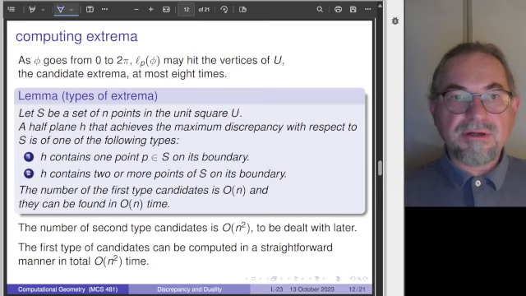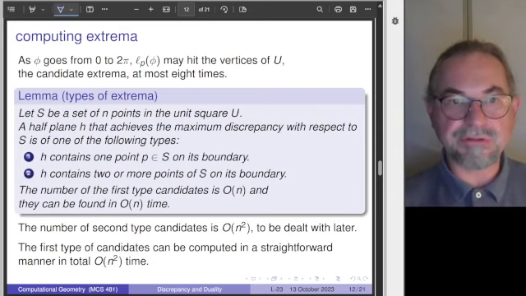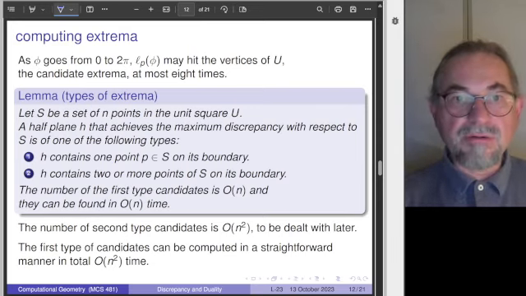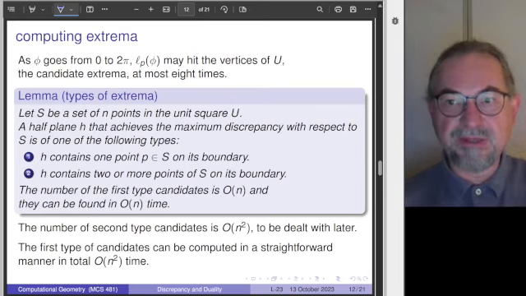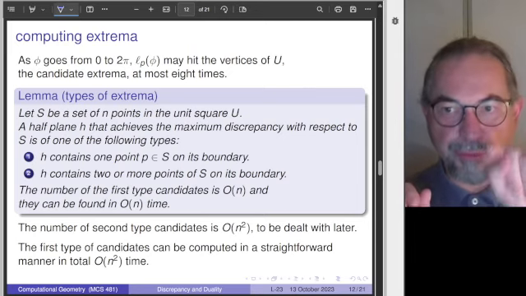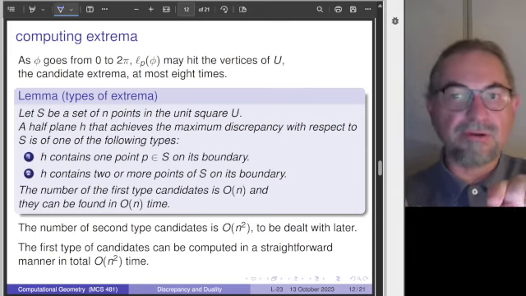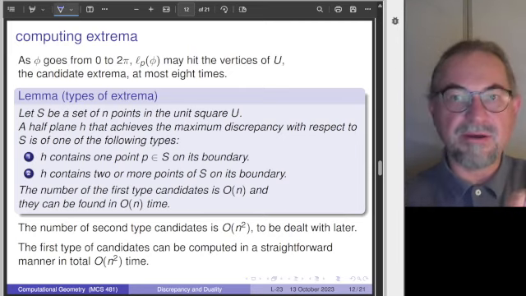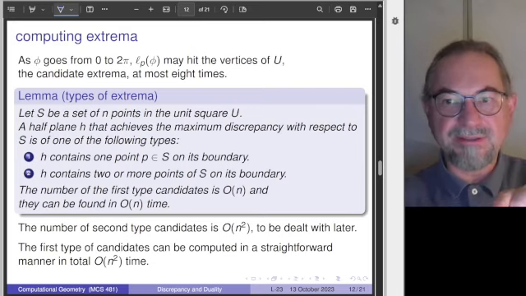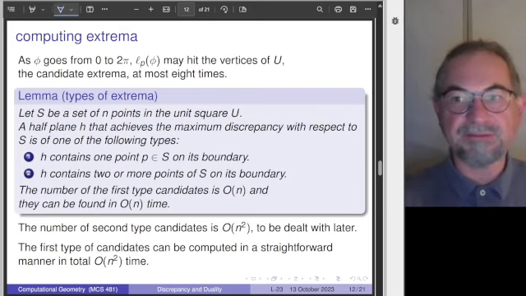Here comes now the first result. So we have the extrema. We will hit the vertices. And why 8 times? We only have 4 corners, but each time you may hit the corner. Assuming that our point is not smack at the center, otherwise it's too symmetric, sometimes you hit a vertex at the right, or sometimes you hit a vertex at the left.